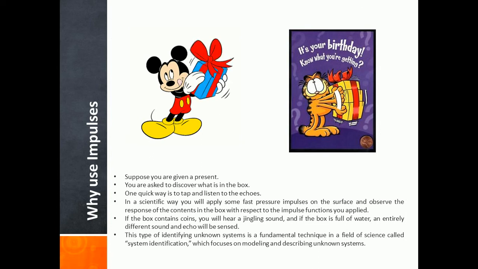You tap the box a few times, and whatever sound or echo comes out, like a jingling of coins, a bell, or toys that make a sound when you press a button, tells you something. Effectively, you're trying to determine the response of that system, in this case your box, to the impulse, or the series of impulses that you are presenting to it. That's called the impulse response of the system.